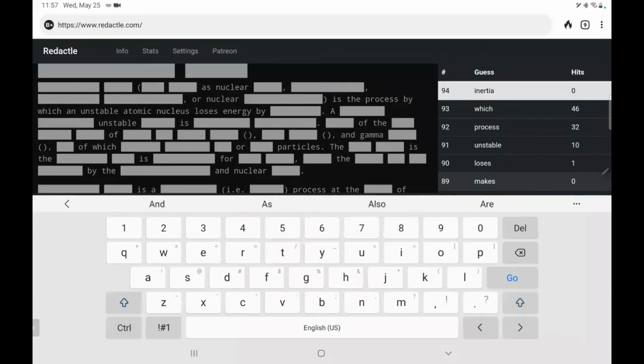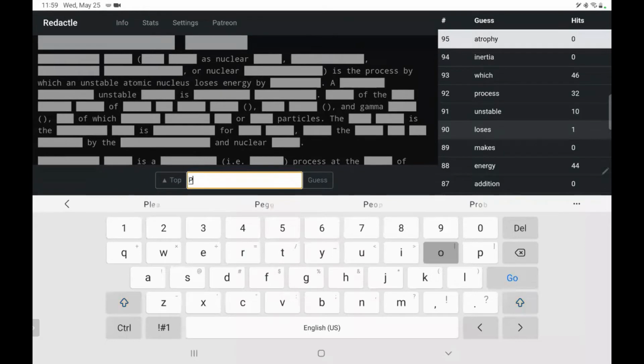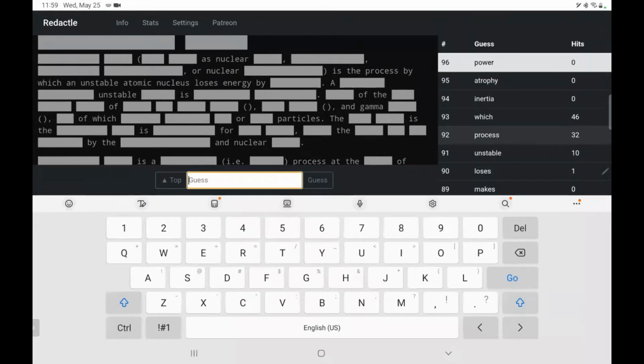Atrophy. Is it atrophy? No, what's the word I'm thinking of? Process by which an unstable atomic nucleus loses energy by something. How about power? No.